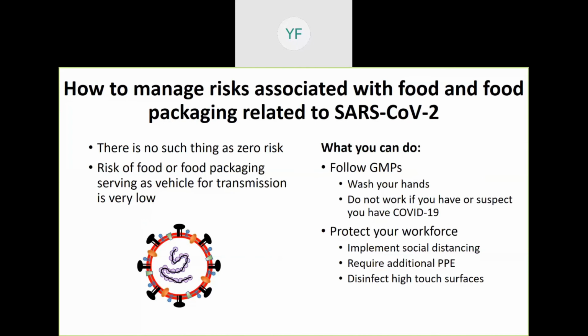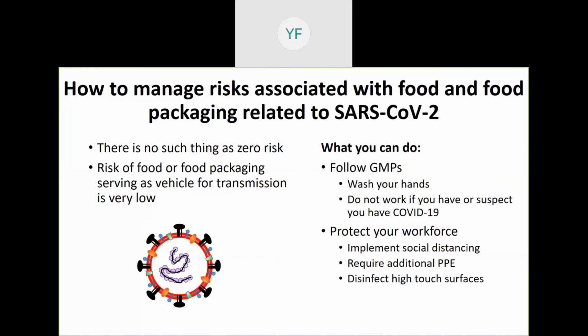At this point in time, I think really the risk is to our workers and not to the food supply. So it's really important that you take steps to try and protect your workforce. So implement social distancing as much as possible in your facility.